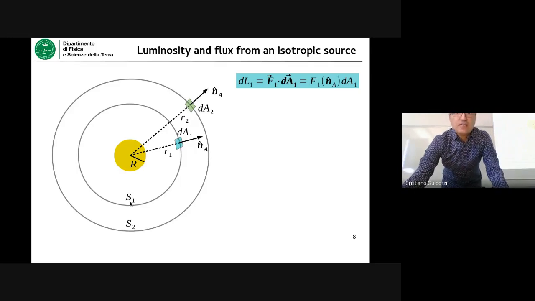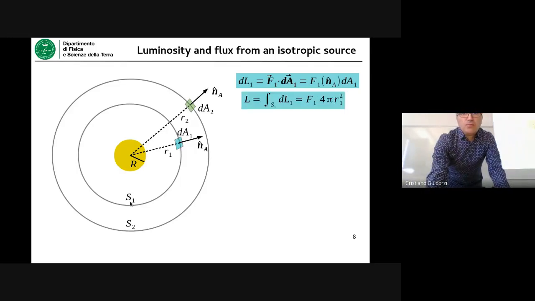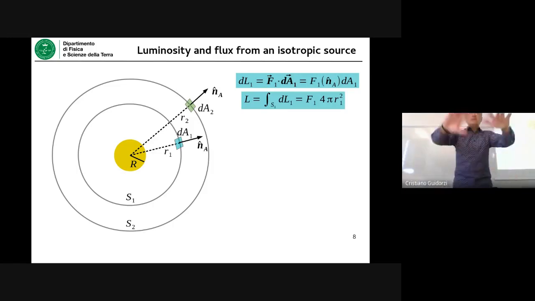Because again of isotropy. So by integrating, this is an integral over dA. If you integrate over the entire S1 surface, over the entire sphere of radius R1, of course the result, given that F1 is constant, is just the total area of the spherical surface.